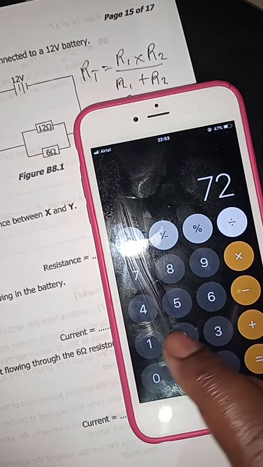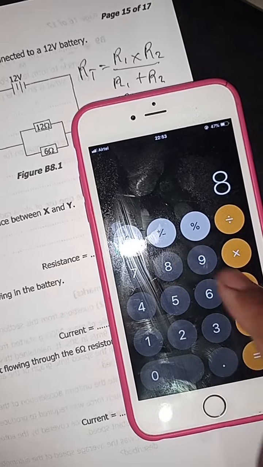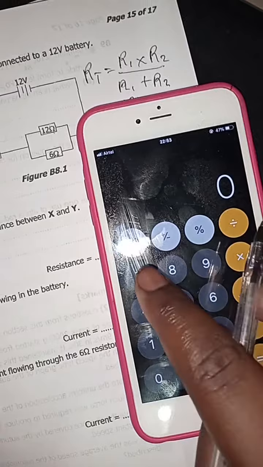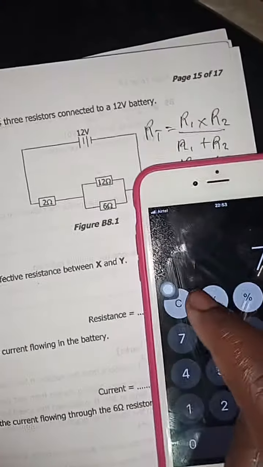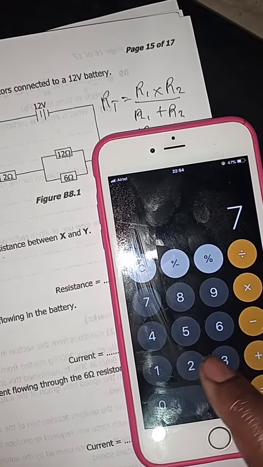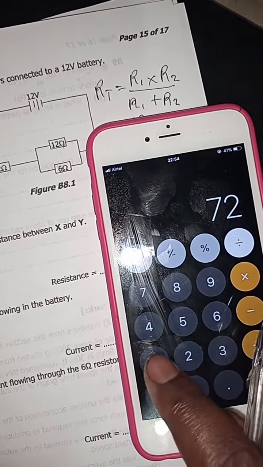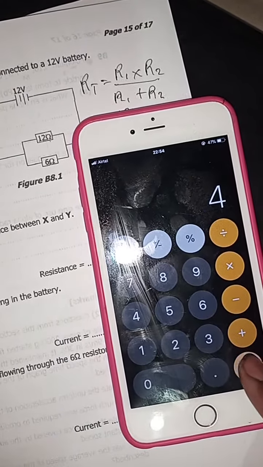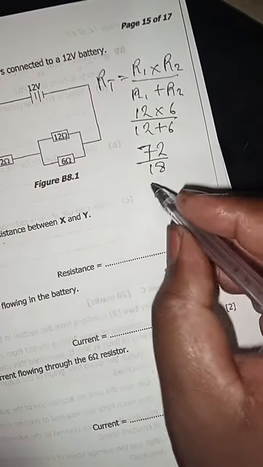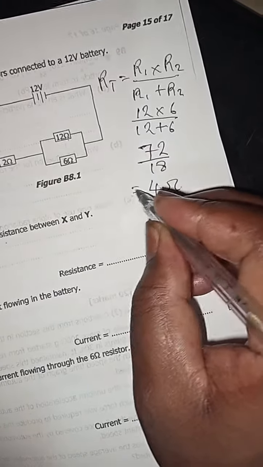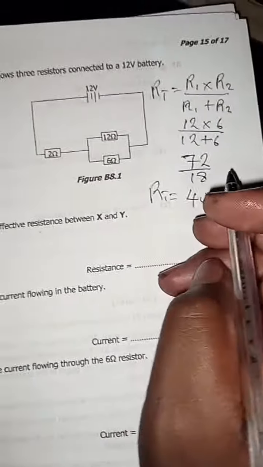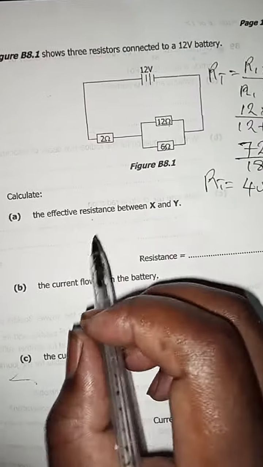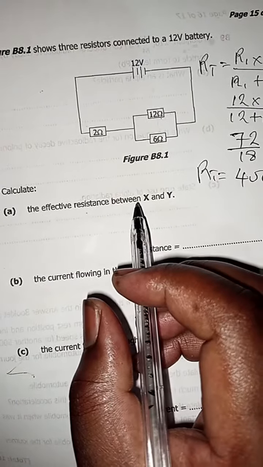So I have to divide that number by 18. 72 divided by 18. That's 4. So that's 4 ohms. So this is the total resistance in parallel. But I want to calculate the effective resistance.